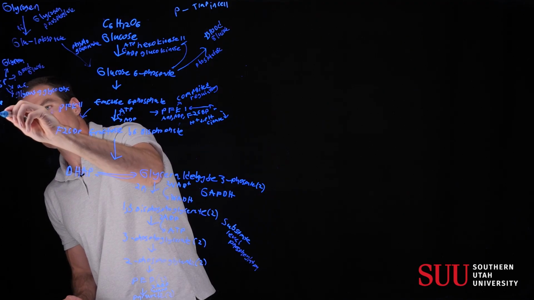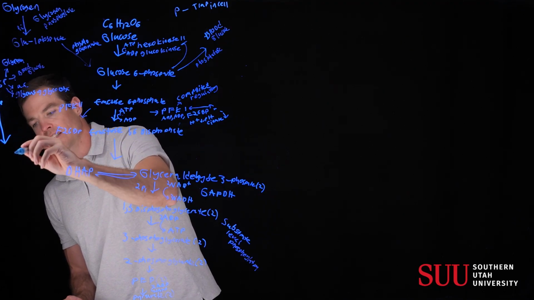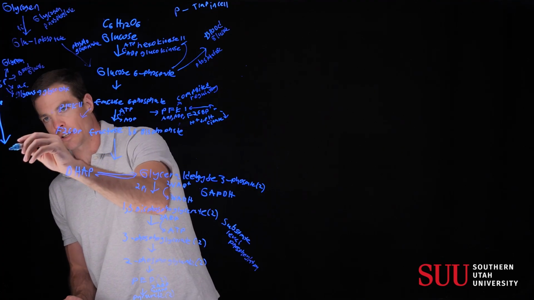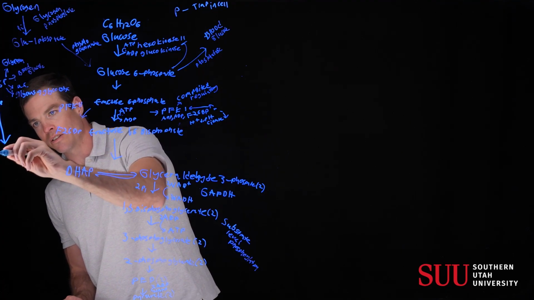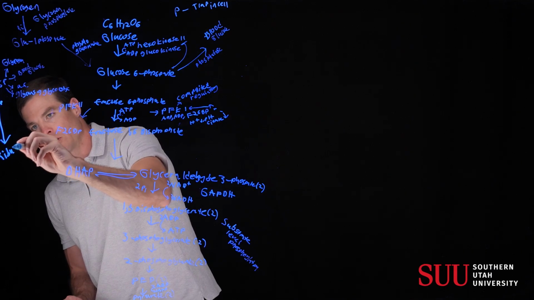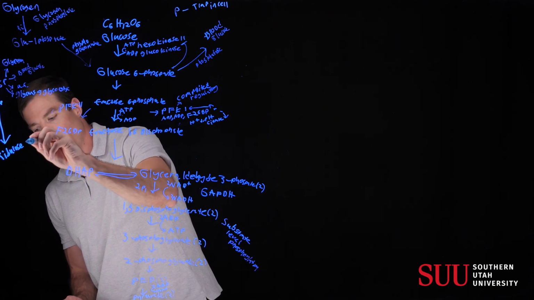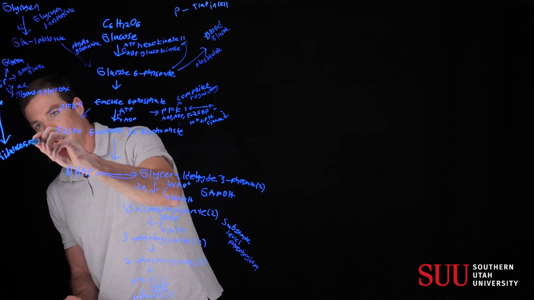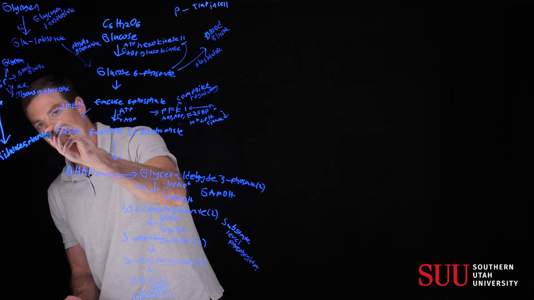And basically, just to give you an idea, you take this glucose 6-phosphate molecule, and you're going to break it down to create this ribulose 5-phosphate.